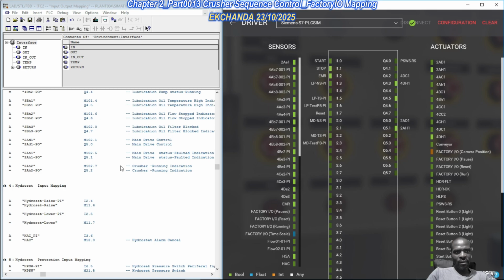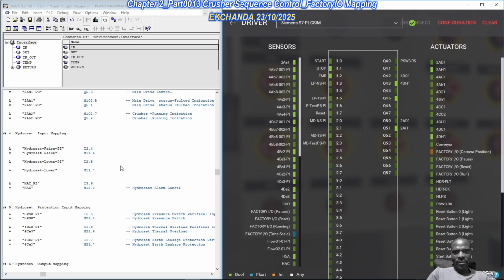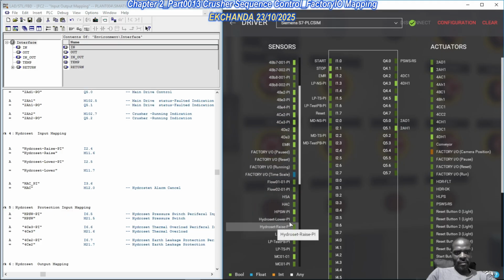So now we go to the hydroset. The hydroset raise is assigned to input 2.4. Then hydroset lower, input 2.5. And then what else do we have?